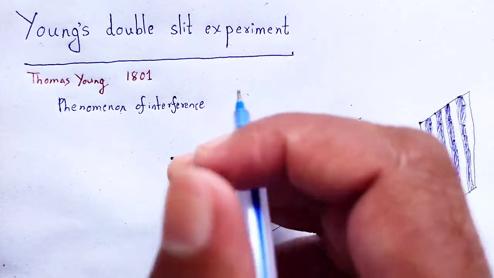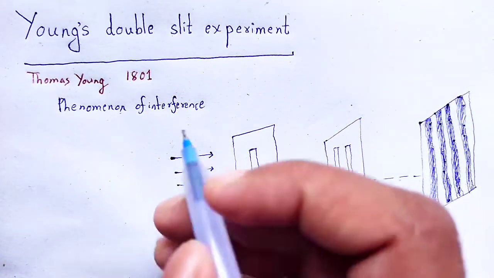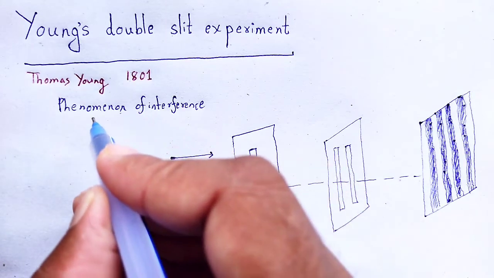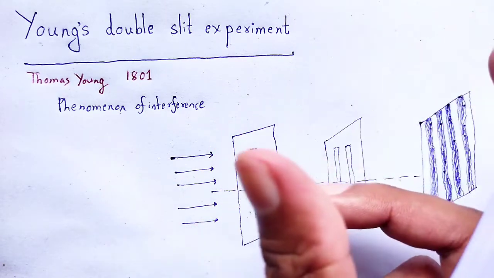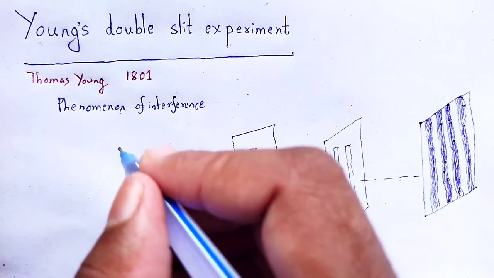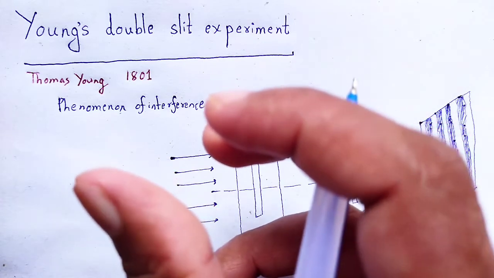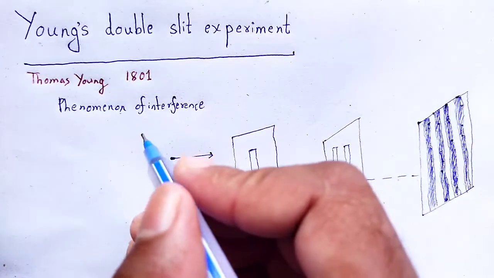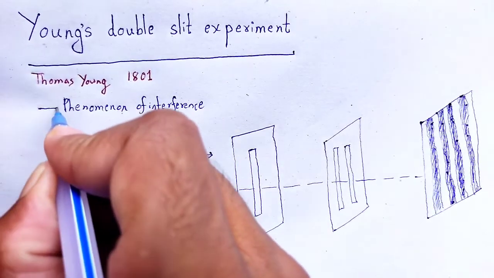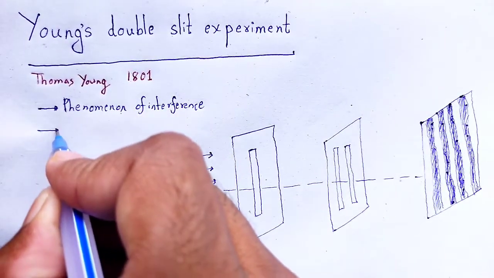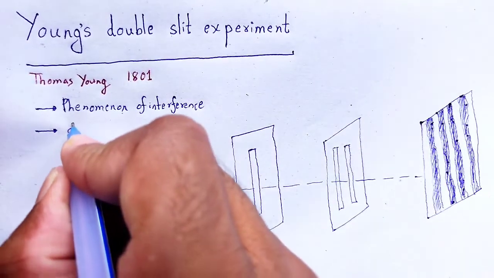The phenomenon of interference was well established by Young's double slit experiment, and by using that superposition of wave concept, it is easily seen what exactly happens if the waves are superimposed with each other. He also determined the wavelength of light.